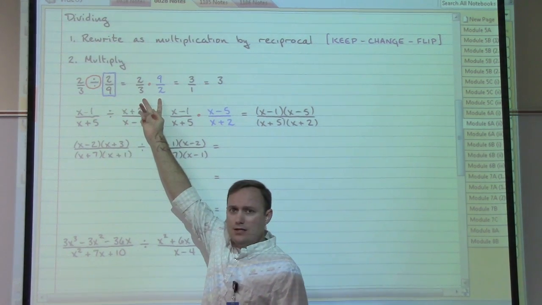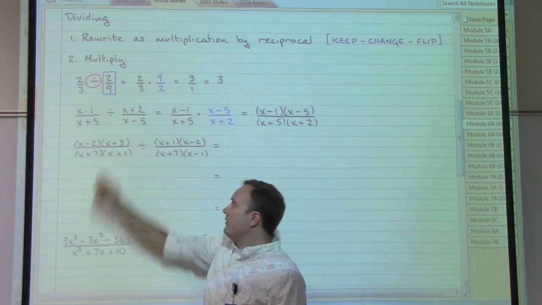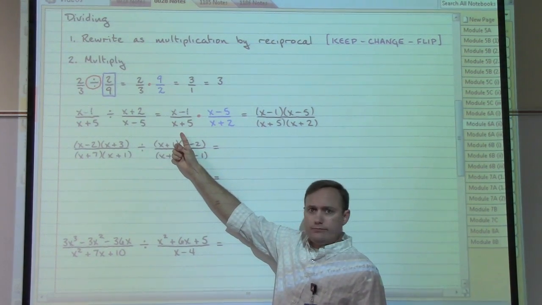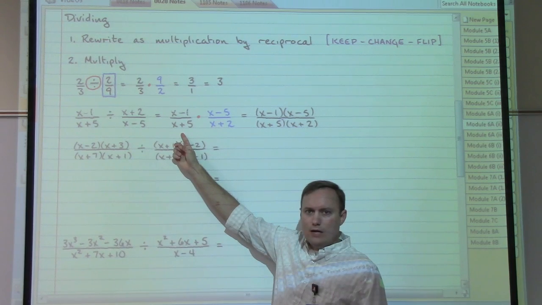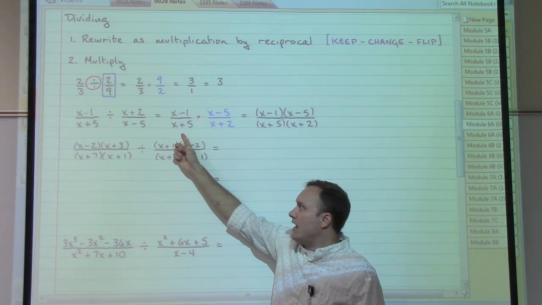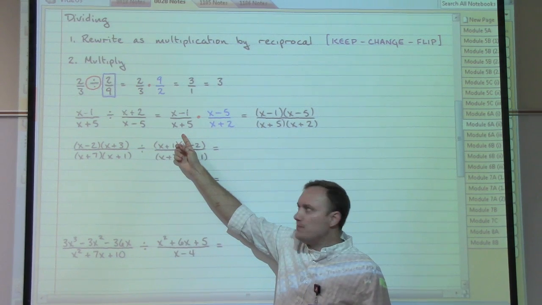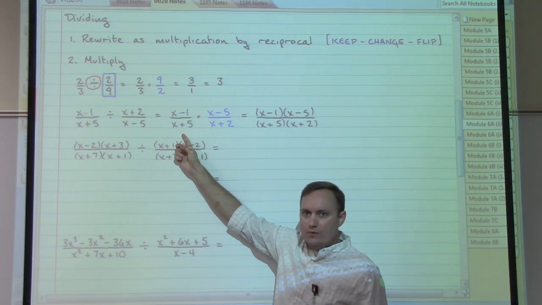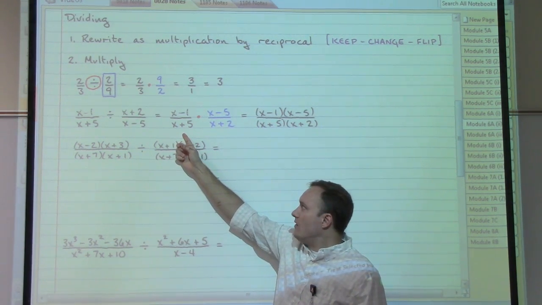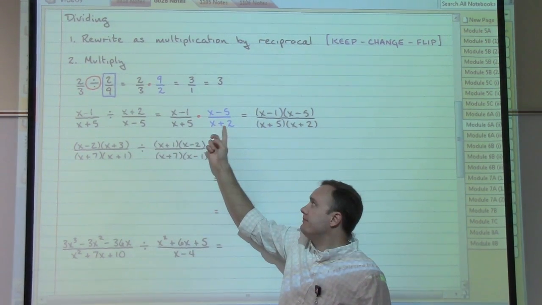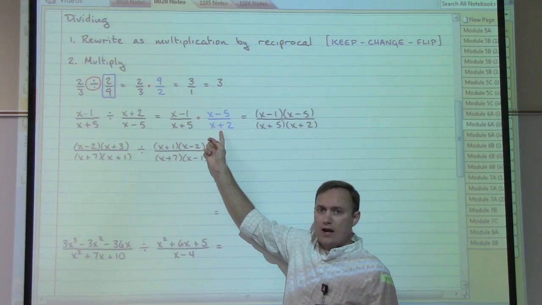So this exact little comment, which was very friendly to us, is something that we can use again, even though we're not talking about exactly the same kinds of fractions. Turns out we're talking about the same kind of process, though. So dividing with what amounts to fractions: keep, change from division into multiplication, flip the second fraction.